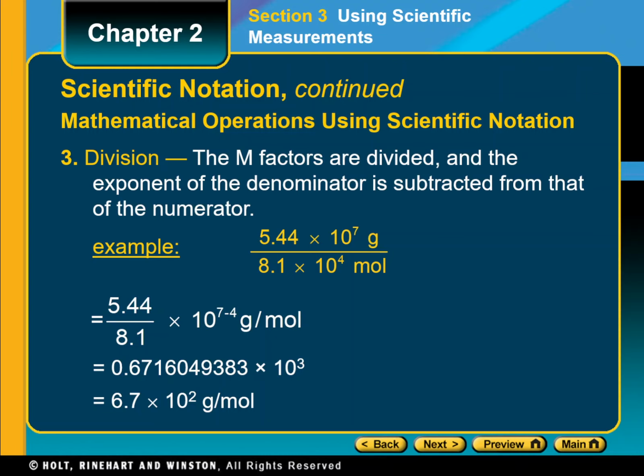For division, the first step in order to find the value of m, meaning in a quotient, is to divide the first value of m by the second value of m. Then, in order to find the value for n in a quotient, subtract the value of the second n from the first value of n.